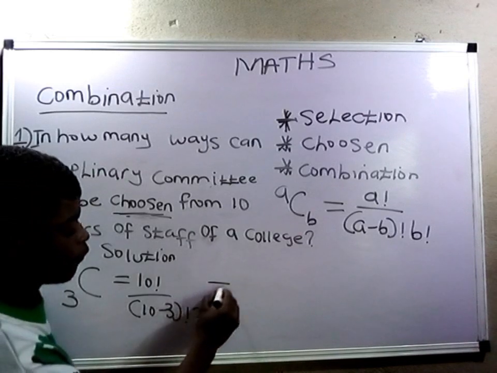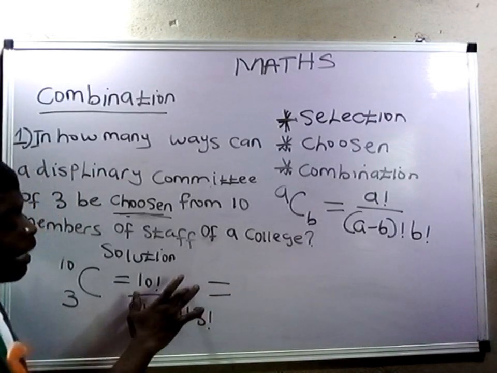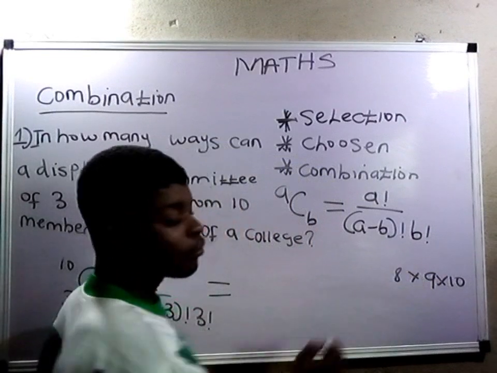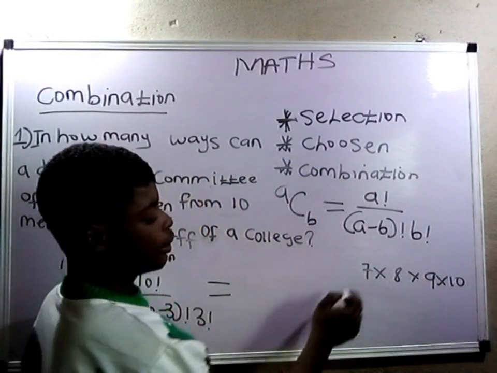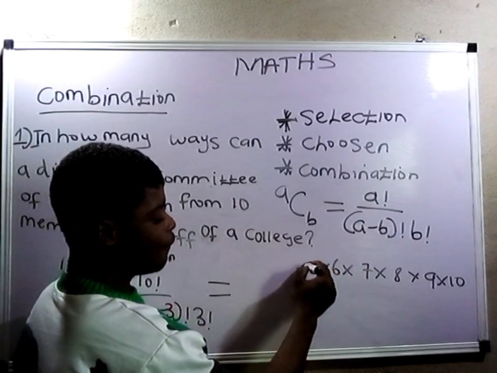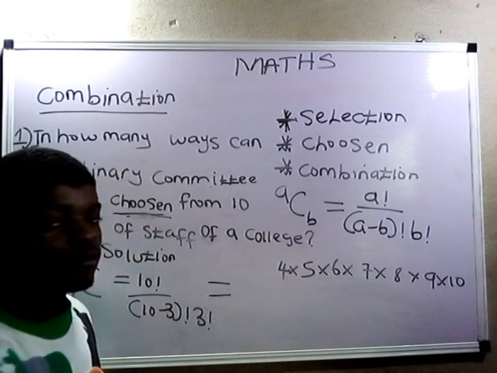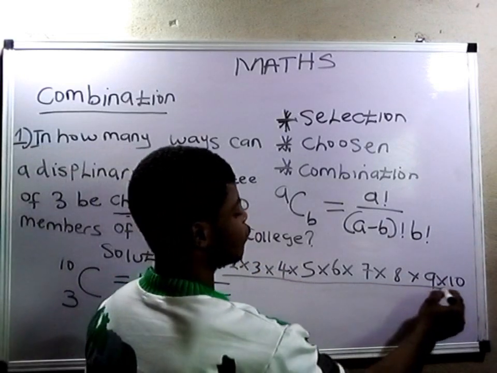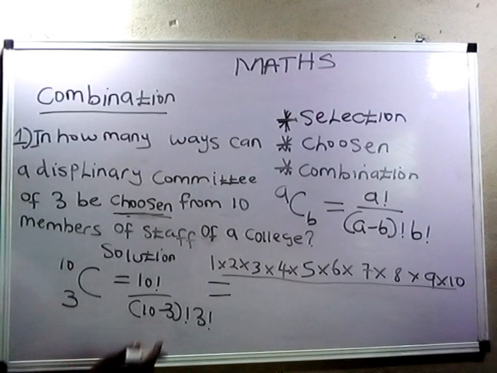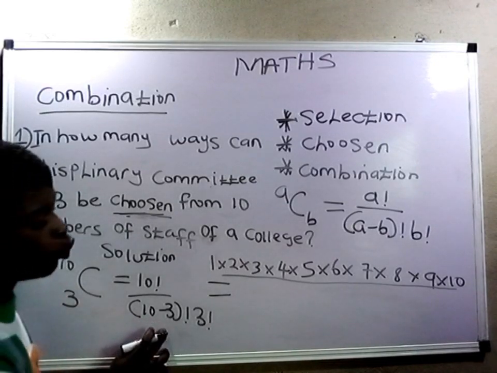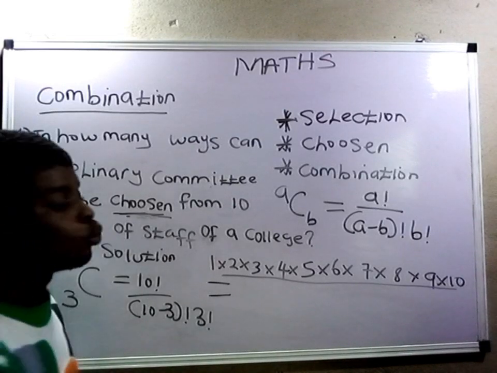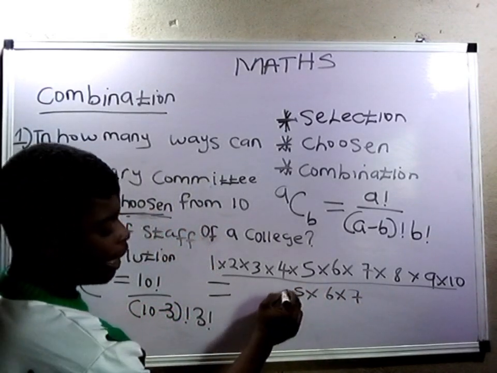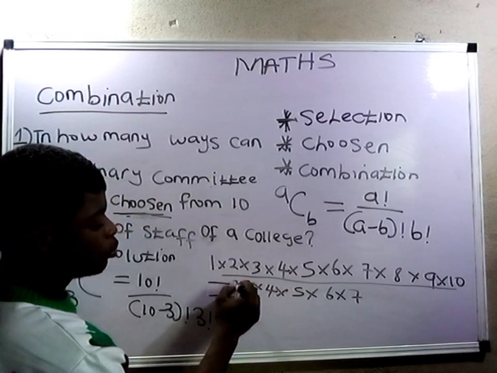By simplifying this, 10 factorial means multiply 10 backward, which is 10 times 9 times 8 times 7 times 6 times 5 times 4 times 3 times 2 times 1, all over 10 minus 3, which gives us 7 factorial. 7 factorial is 7 times 6 times 5 times 4 times 3 times 2 times 1.